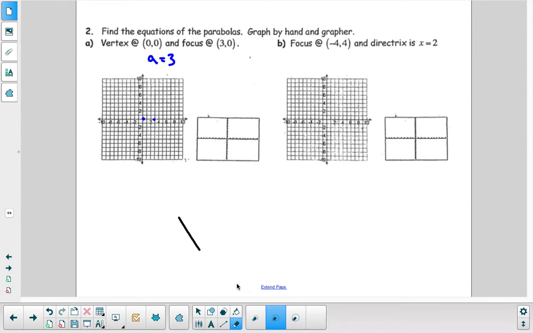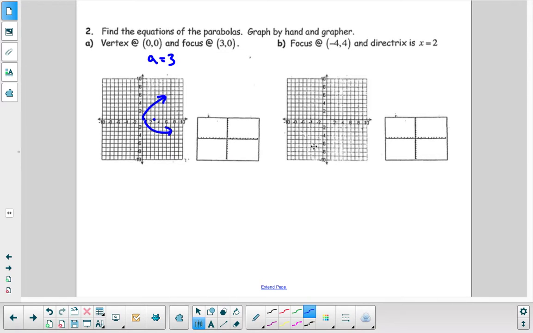That's important. The other thing is it tells us which direction it opens up. The parabola has to open up to basically trap the focus. So the fact that the focus is to the right, our graph is going to open to the right. Okay, so it's going to look like this. That helps us decide which of the 4 forms we can use.